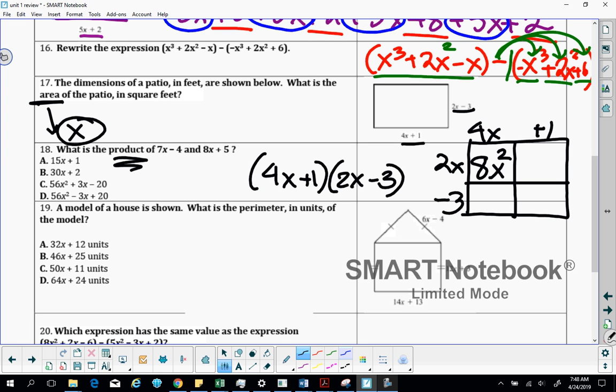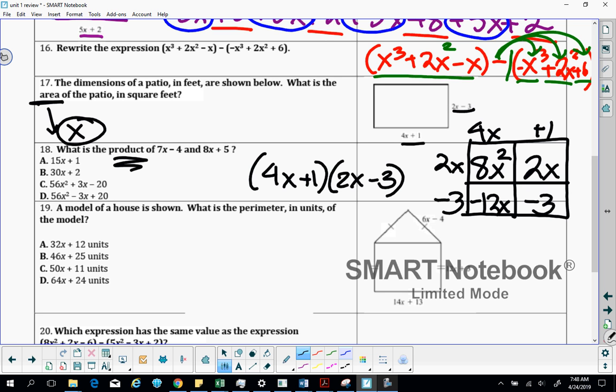What's 1 times 2x? 2x. And be careful, because in this class, I remember a lot of y'all started adding these. Like you would do 1 plus 2x and get 3x or something. Make sure we're always multiplying. What's 4x times negative 3? Make sure it's negative 12x, and negative 3 times 1.